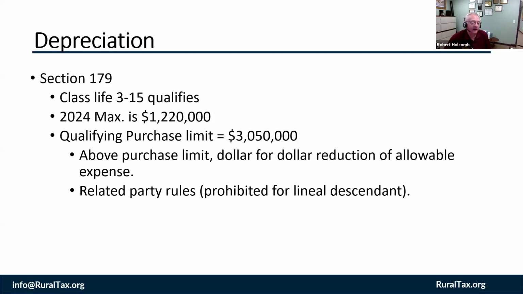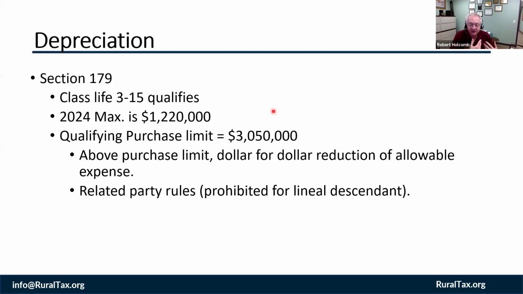All right. Our limits are a little over $1 million, and there's a purchase limit for qualifying property a little over 3 million. All right. So you can expense a lot of stuff in a hurry with Section 179. The thing that I like about 179 is it's very flexible.